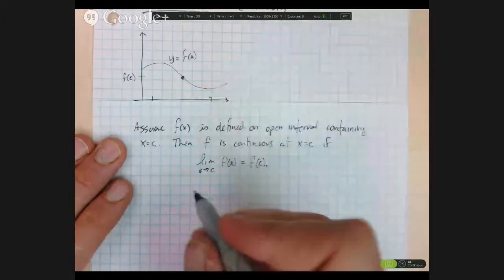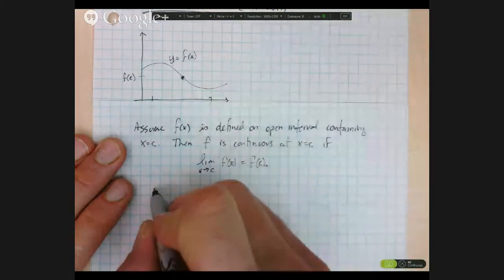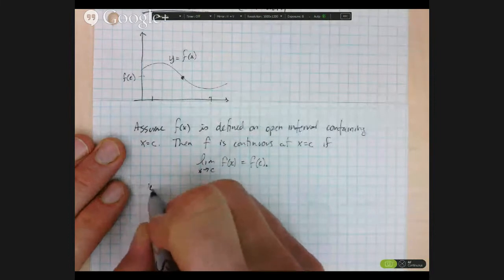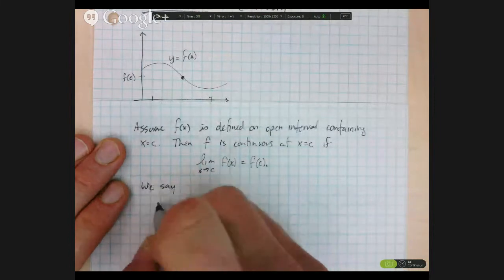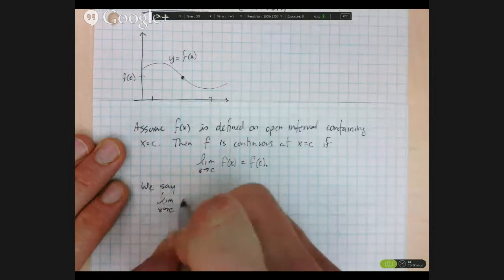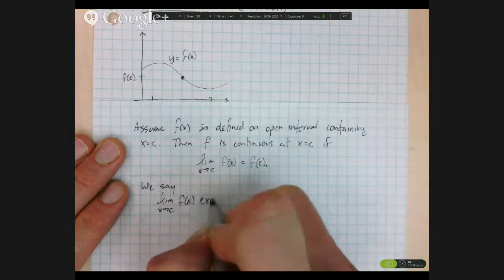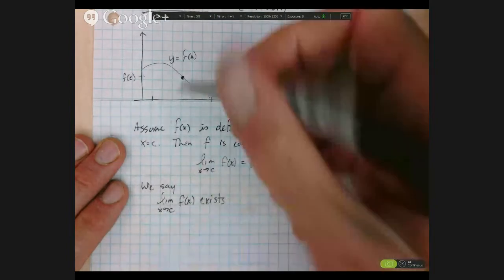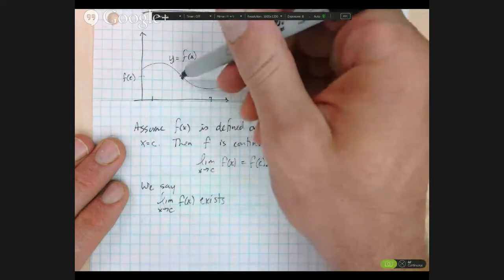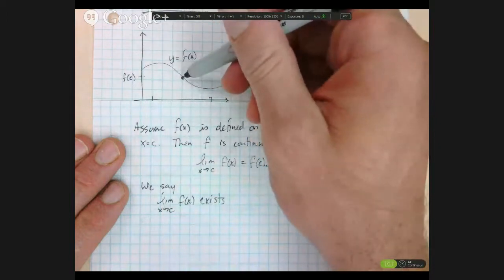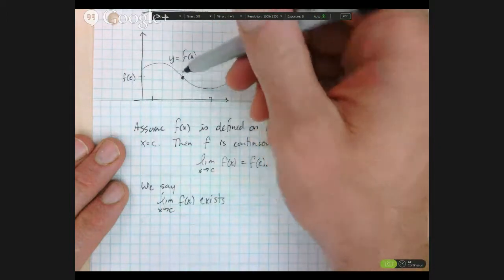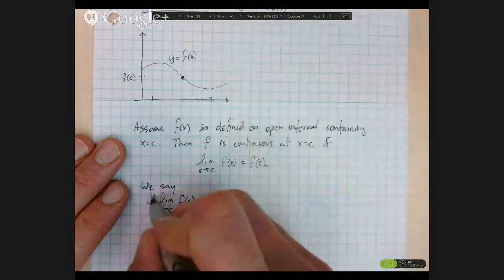Okay, so we're saying three things. We're saying the limit exists, so we know that it approaches the same spot from both sides. Okay.